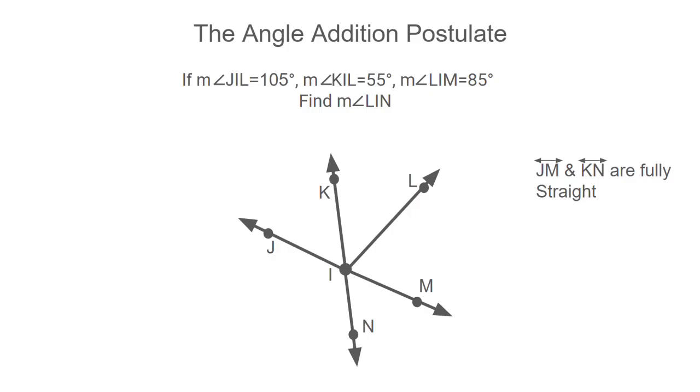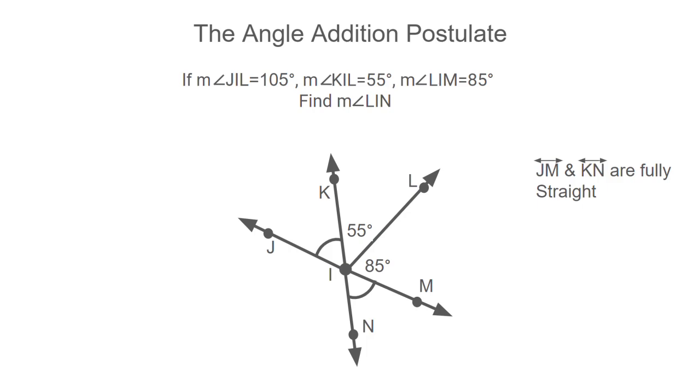To start these types of problems, I always like to label any congruent angles or singular measures that we can find. For this problem, we can see that angles JIK and NIM are congruent because they are vertical angles. We have also been given the measures of angles KIL and LIM, so we should write them too.